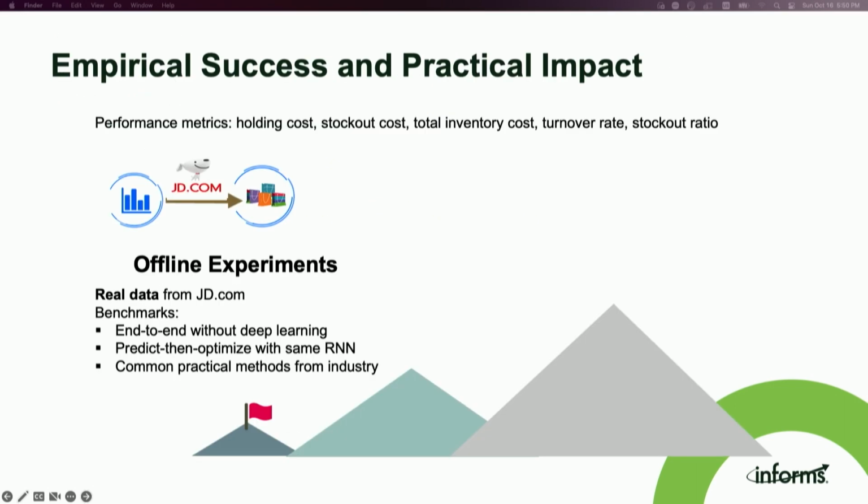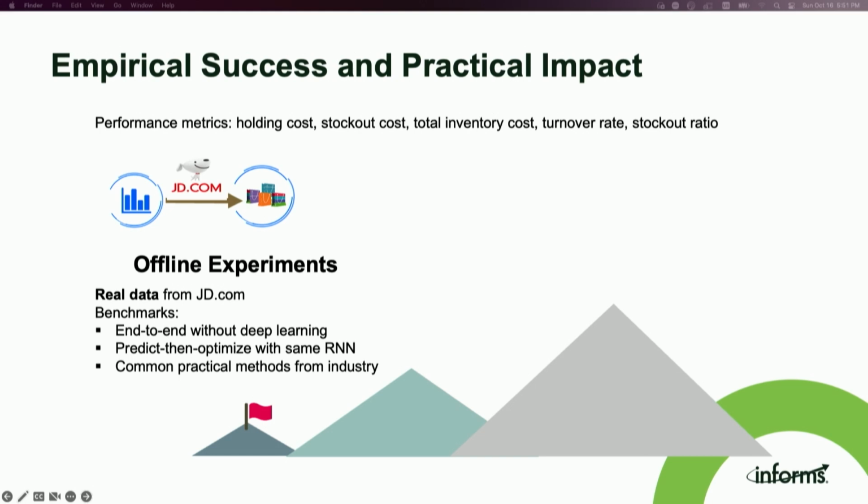with the empirical success and practical impact that we achieved using the previously mentioned end-to-end model. With the model that I mentioned earlier, we conducted a series of numerical experiments at JD.com.